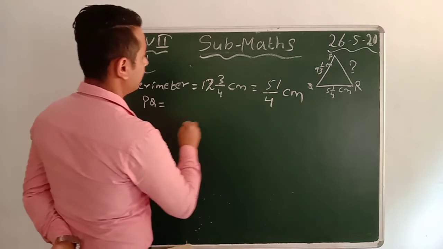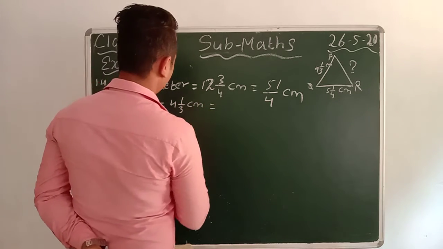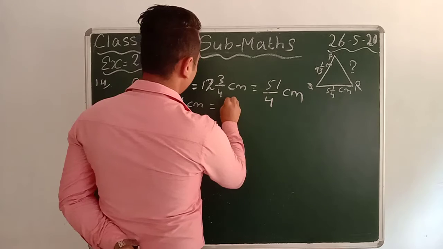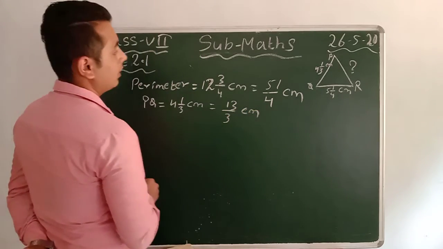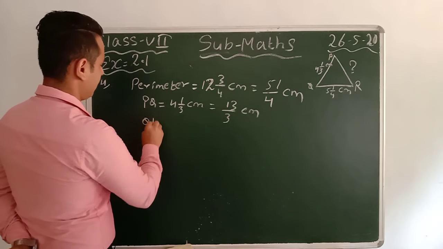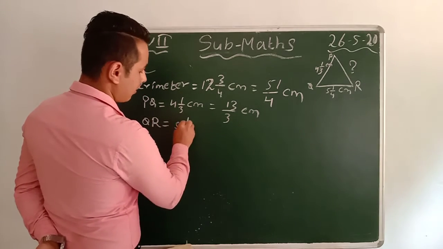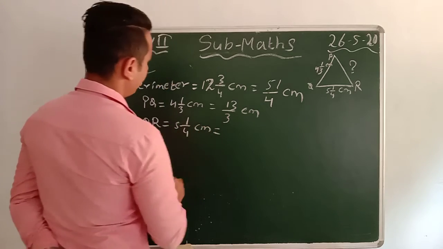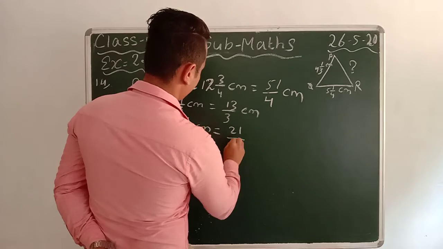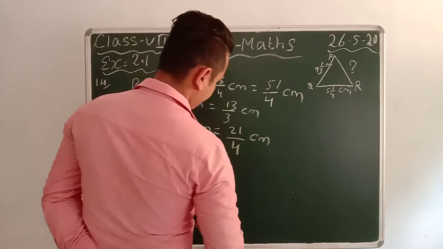PQ equals 4 1 by 3 centimeter, which is equal to 13 by 3 centimeter. QR equals 5 1 by 4 centimeter, which gives you 21 by 4 centimeter.